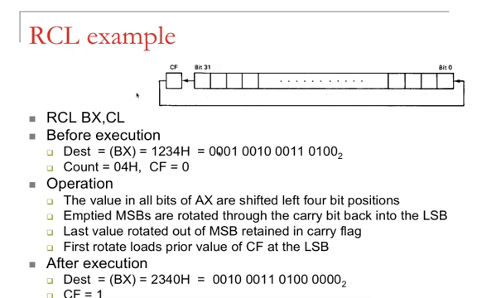But they're not lost, they are actually copied back to the other side. The last bit shifted out of the register is 1, and this 1 is going to be copied to the carry flag. So the carry flag at the end will have 1, and this 1 comes from this 1 here.